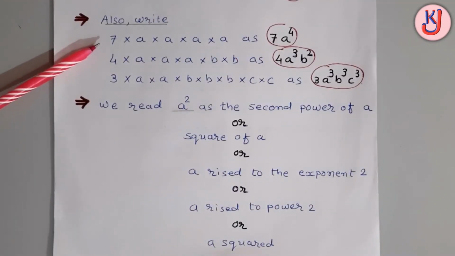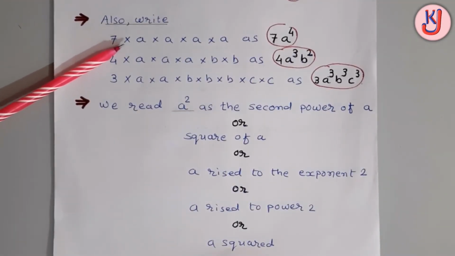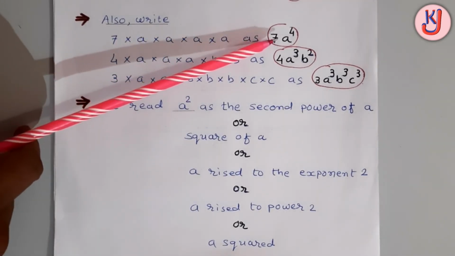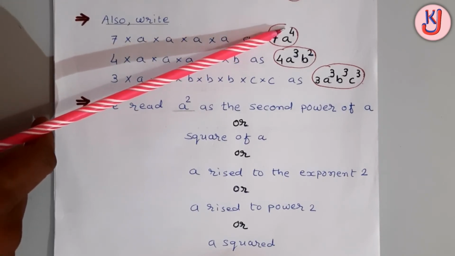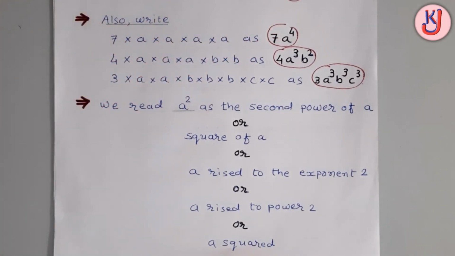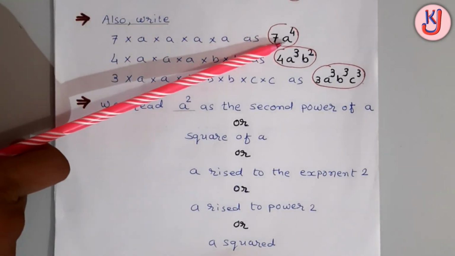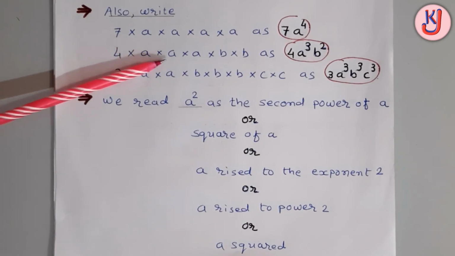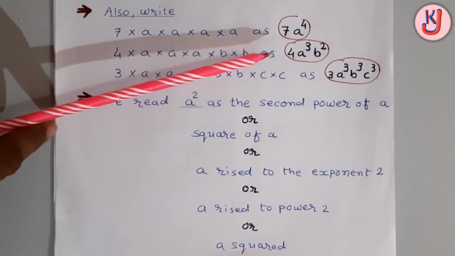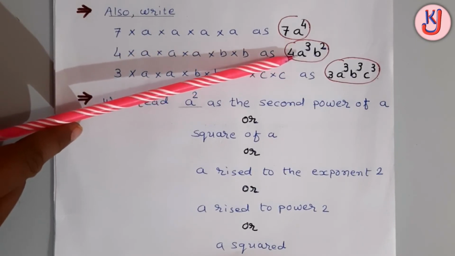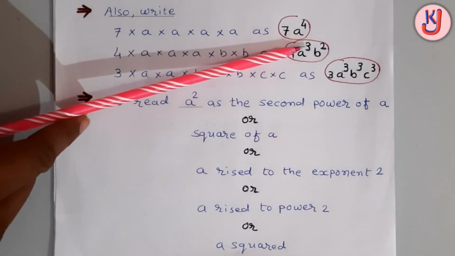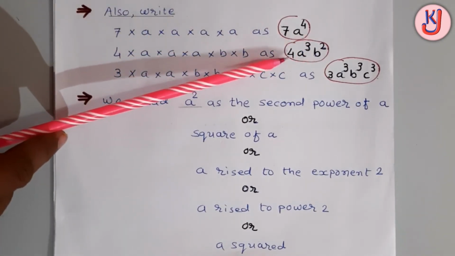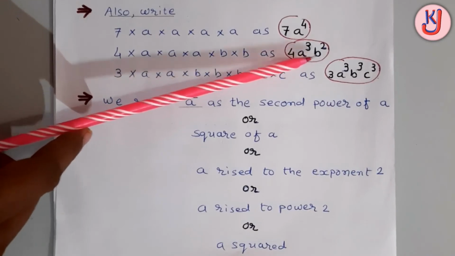We can also write like this: 7 into a into a into a into a is 7 into a raised to 4, or we can say 7 into a exponent 4. 4 into a into a into a into b is 4 into a raised to the exponent 3 and b raised to the exponent 2, or simply 4a cube b square.